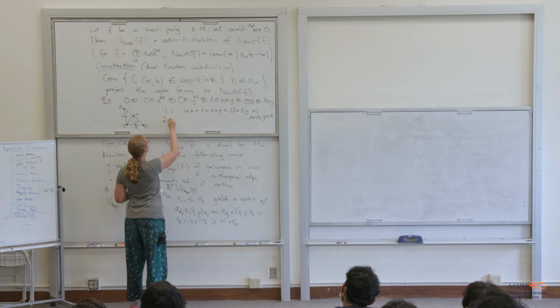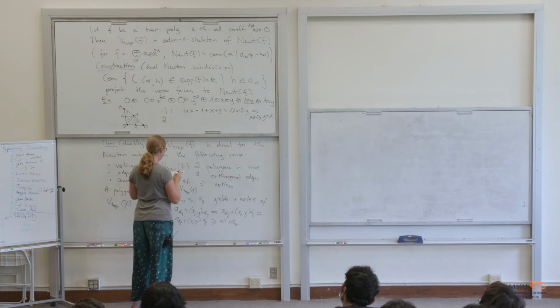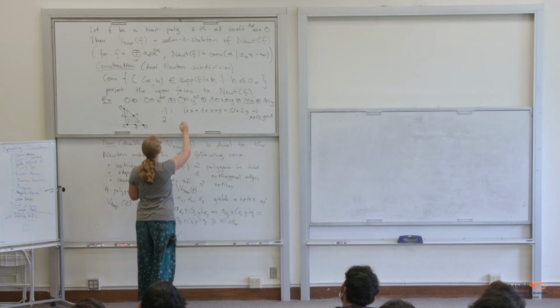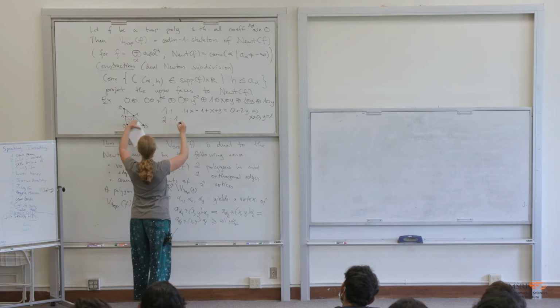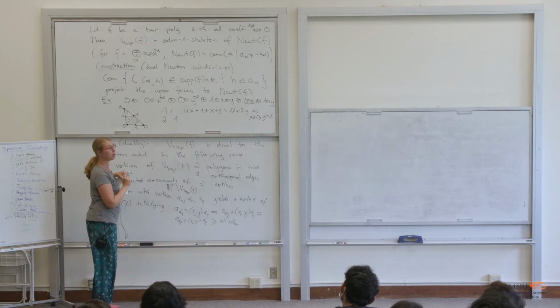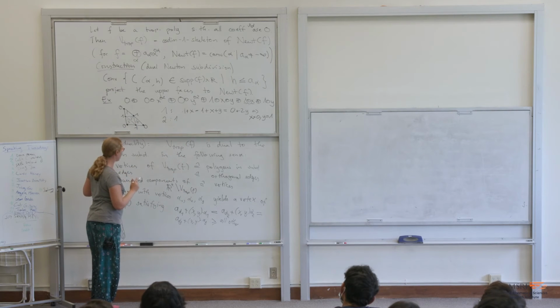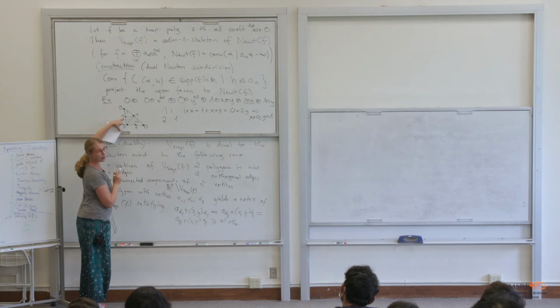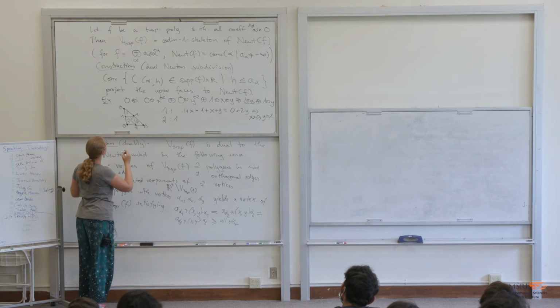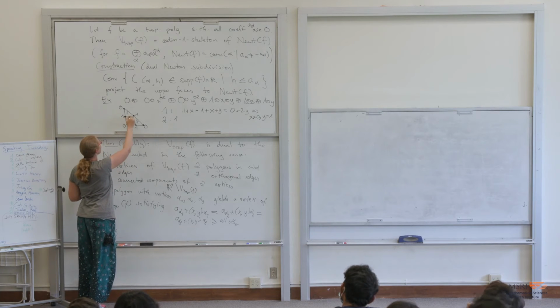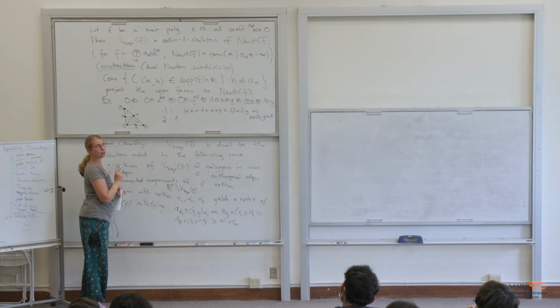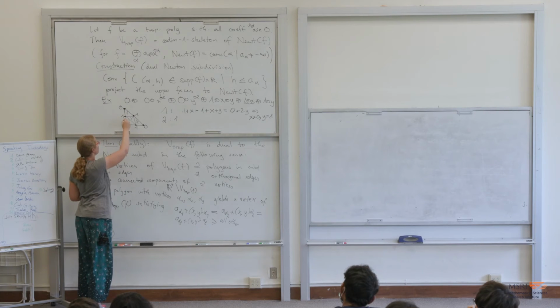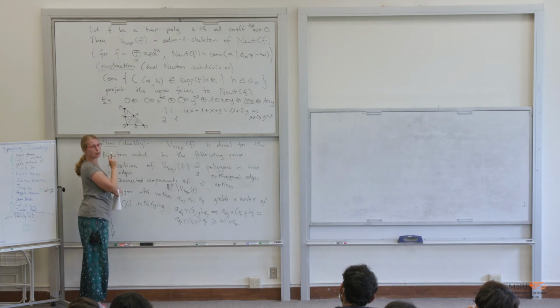Okay, for 2, maybe I don't want to write them all down, but let me do 2 again. Alpha 1 is the exponent of this term. So alpha 1 is 1, 0, alpha 2 is 0, 1, of course, I mean, and alpha 3 is 0, 2.